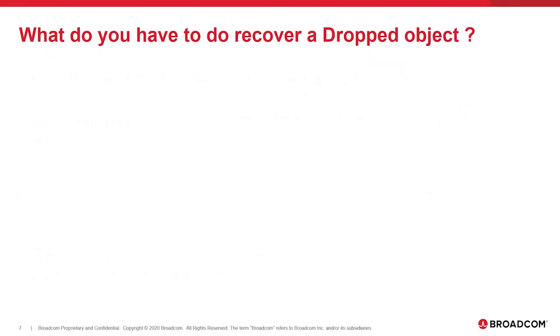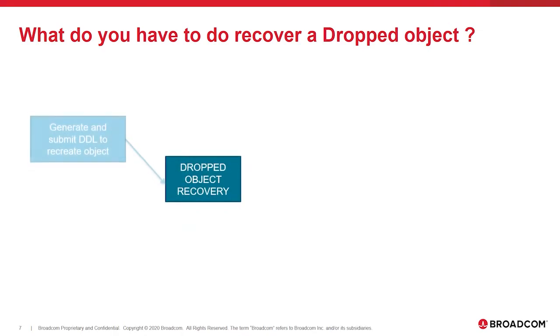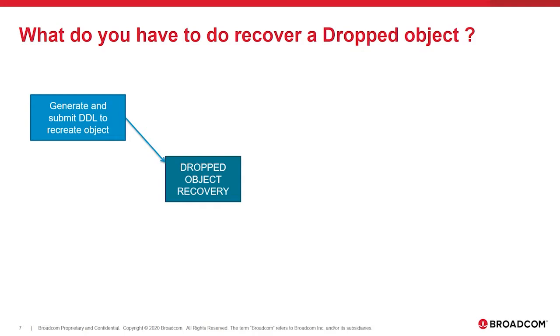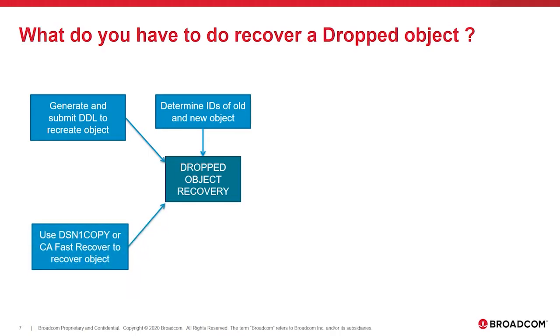What do you have to do to recover a dropped object? First, you have to recreate the object by generating and submitting the DDL. But you need to determine the ID of the dropped object and the newly created one, because the ID may have changed. You also need to generate and submit the recovery job to recover the tables from the last image copy.